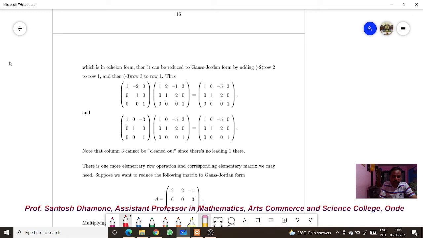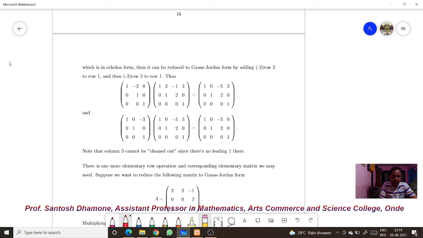Okay, this is the first row, and then -3 multiplied by row 3, added to row 1. This is the next.